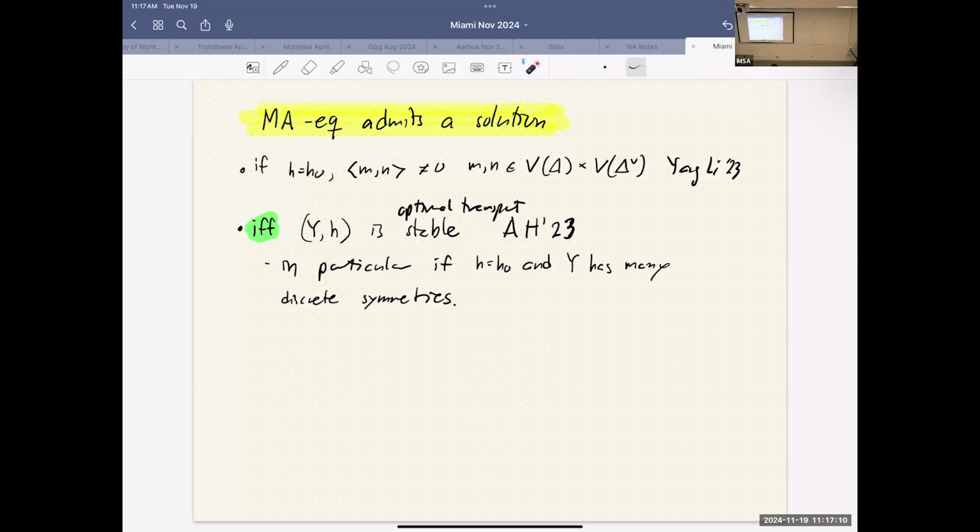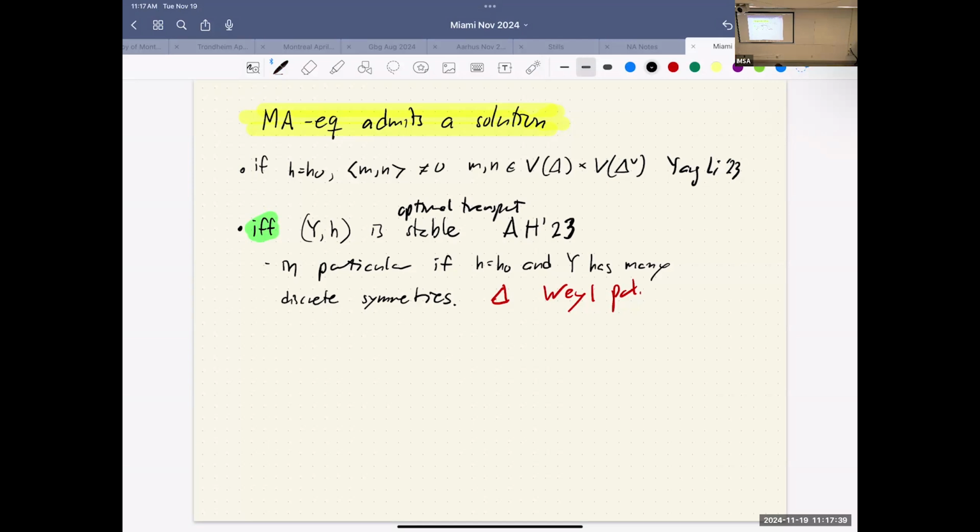In particular then, if Y has many discrete symmetries, so in particular if the moment polytope is a Weyl polytope, so if it's the convex hull of an orbit of a point under a Weyl group, then it's stable in terms of optimal transport and then it admits a solution.